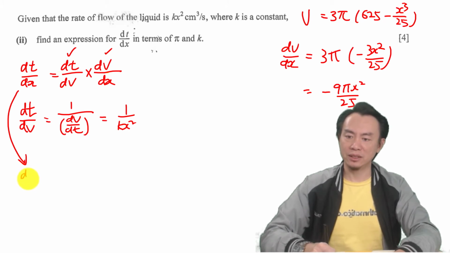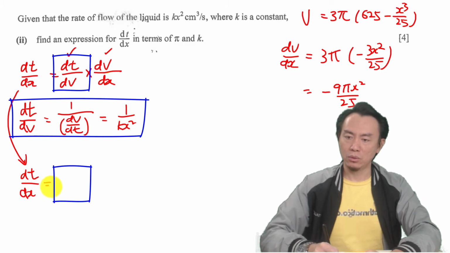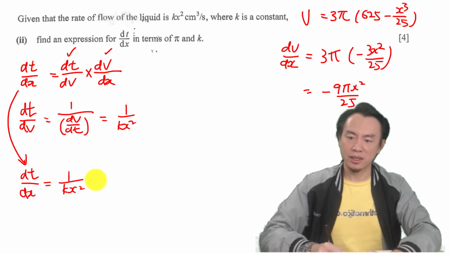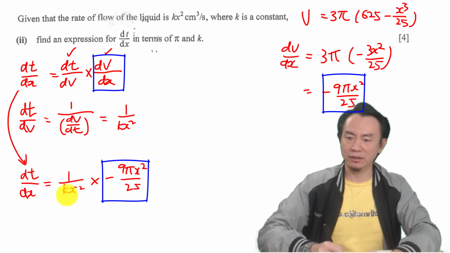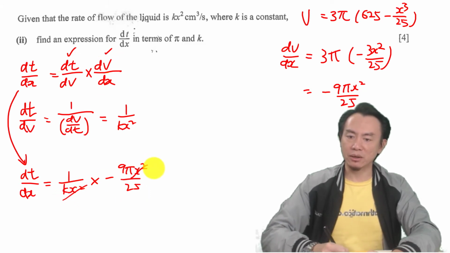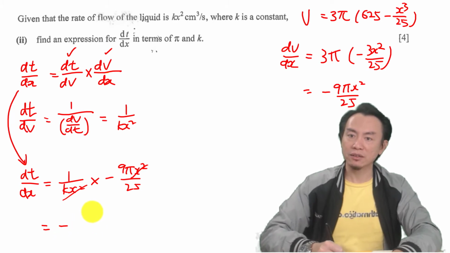Then we can find dt/dx to be equal to 1 over kx squared times negative 9 pi x squared over 25. Okay, the x squared cancels off, so dt/dx is equal to negative 9 pi over 25k.